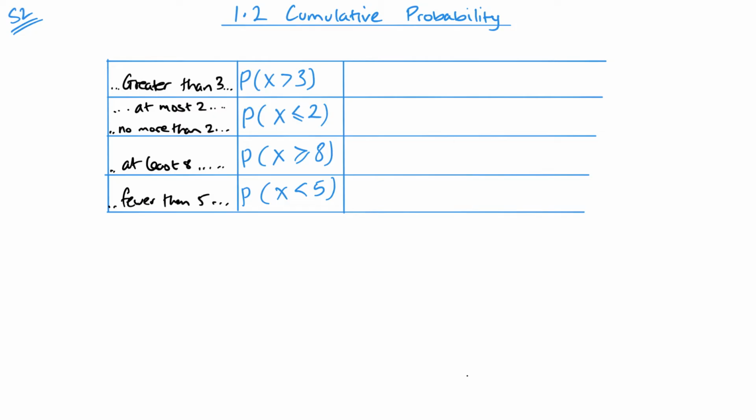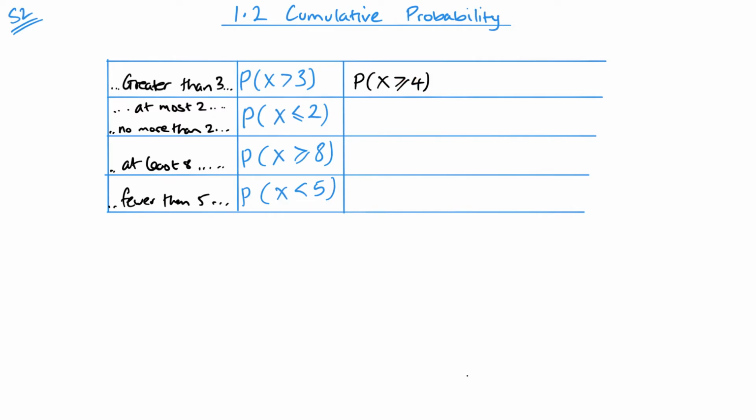Now let's look at what we would do from here. What I said at the start is that you always want an equals, so we don't want just the greater than. So this would be probability where x is greater than or equal to 4, because if it's greater than 3 and it's discrete data, it means that it's 4 and above.